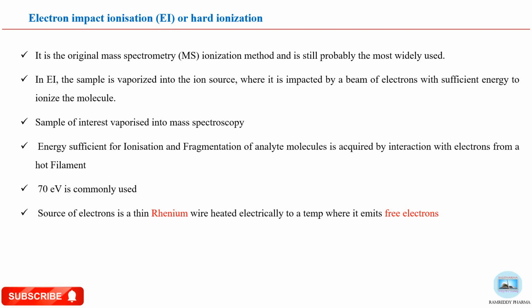Whatever molecular ion is formed is sometimes unstable and will be further fragmented by the high energy electrons into small fragments, a radical and a cation. This process is called fragmentation.